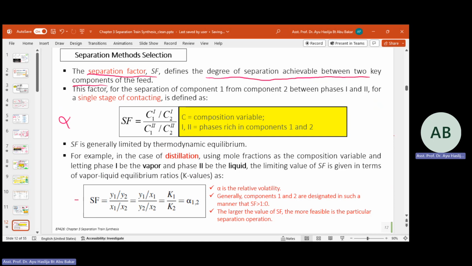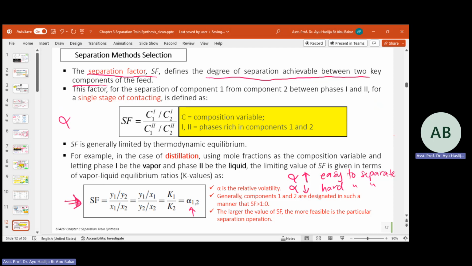Okay, from the formula over here, you can see the separation factor is equivalent to the relative volatility of the component. Relative volatility high, easy to separate. If relative volatility low, hard to separate. This relative volatility involves two components.